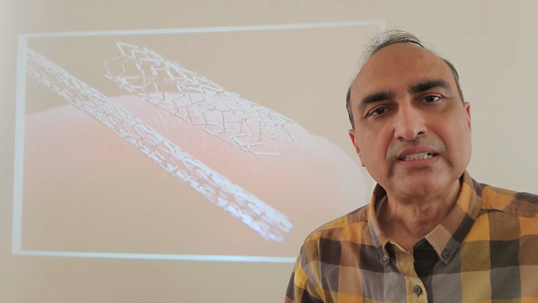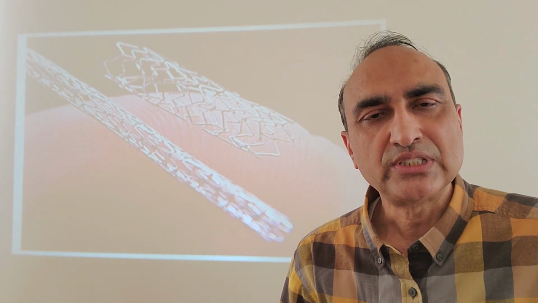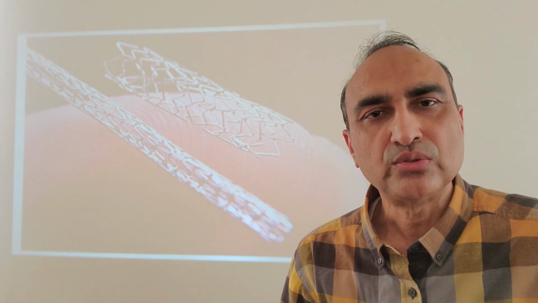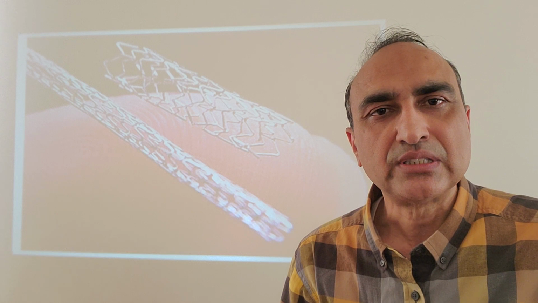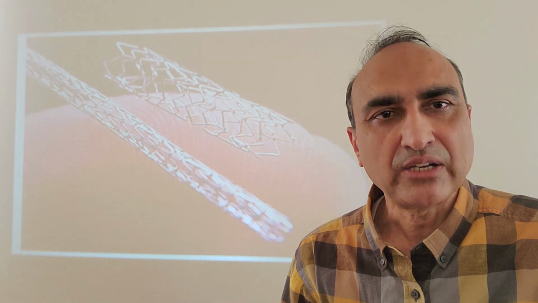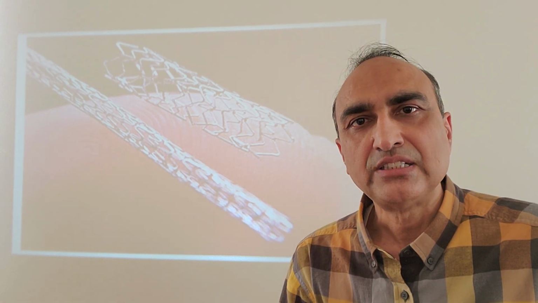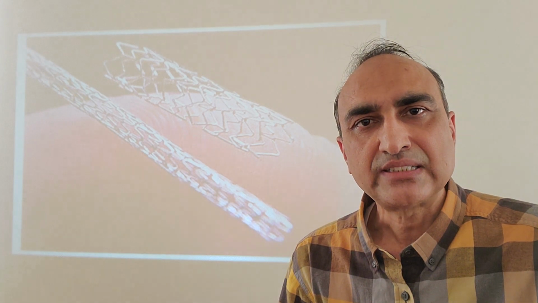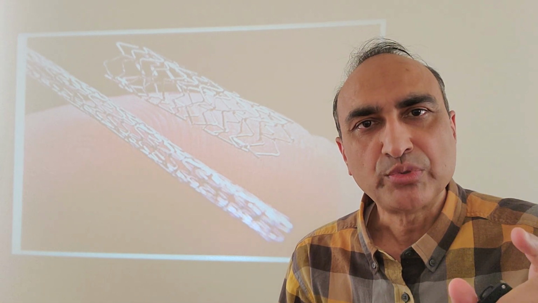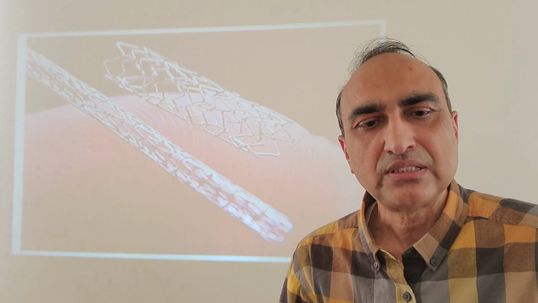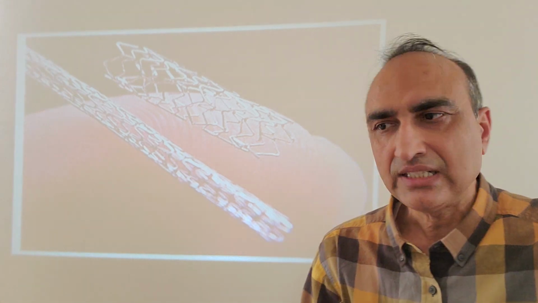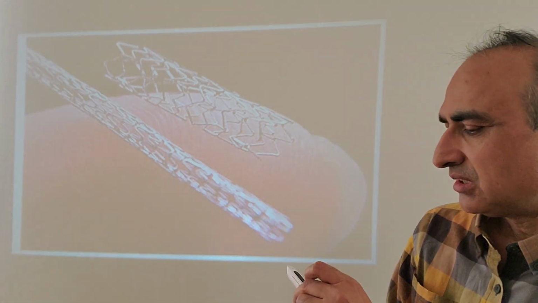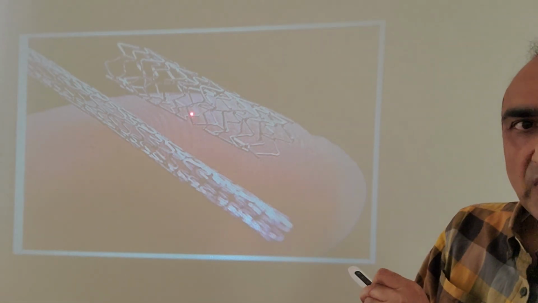Coronary stenting is required if you have more than 70% or so blockage in one of the major arteries, or if you have an acute heart attack. In that case you can have these stents, and they keep the artery open.